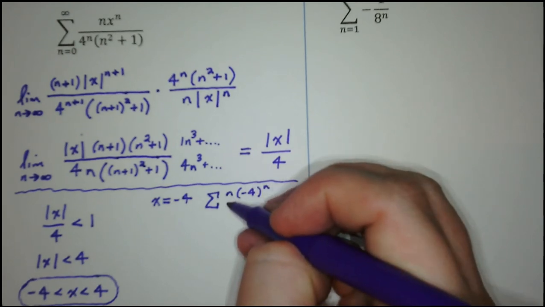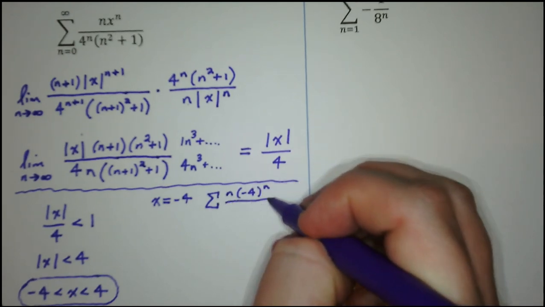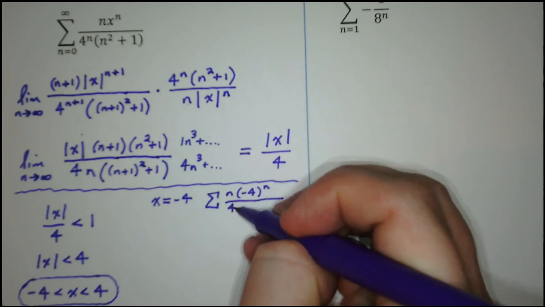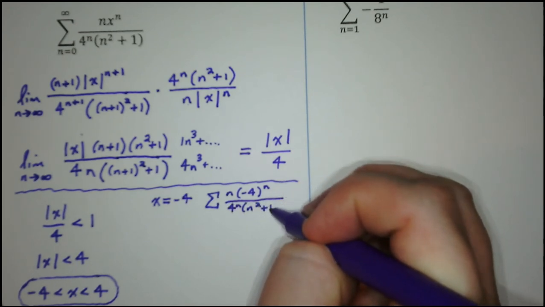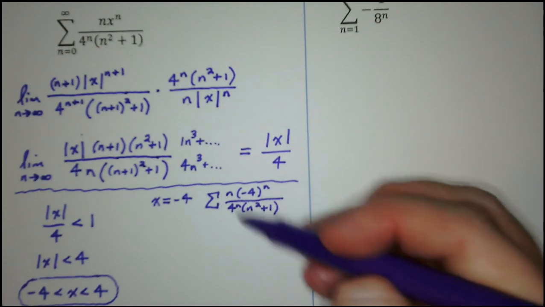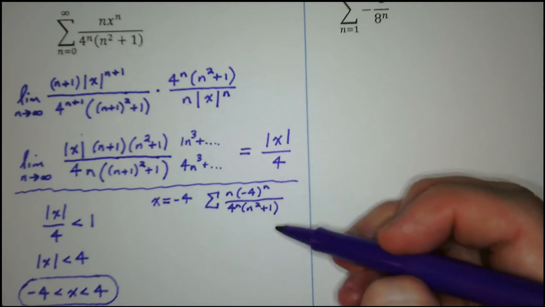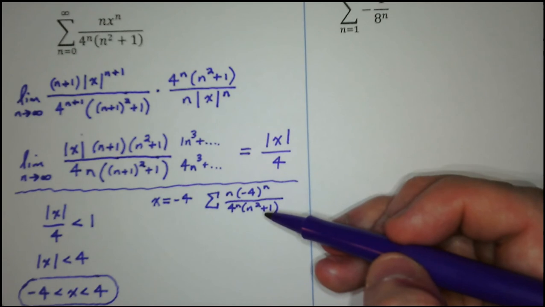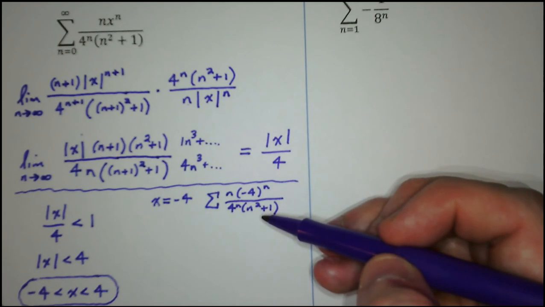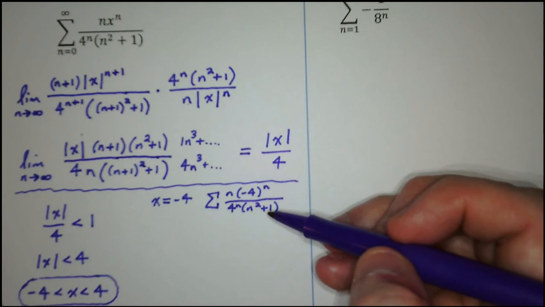Anyway, all over, geez, 4 n squared plus 1. What we have here, gang, overall, is an alternating series.